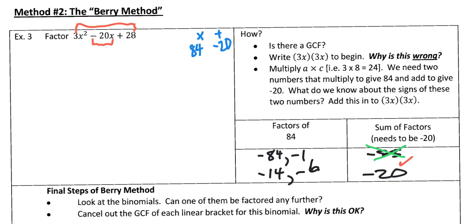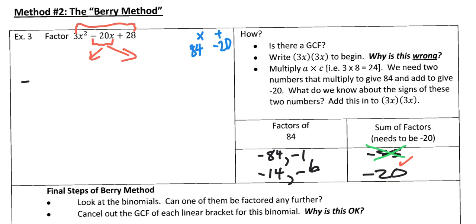Now remember, when we did our work before, we used to take our values and split them up like this. We'd split it up and have like negative 14x minus 6x. We're not going to do that anymore. With the Berry method, what we're going to do is we're going to still decompose it, but here's what we do.